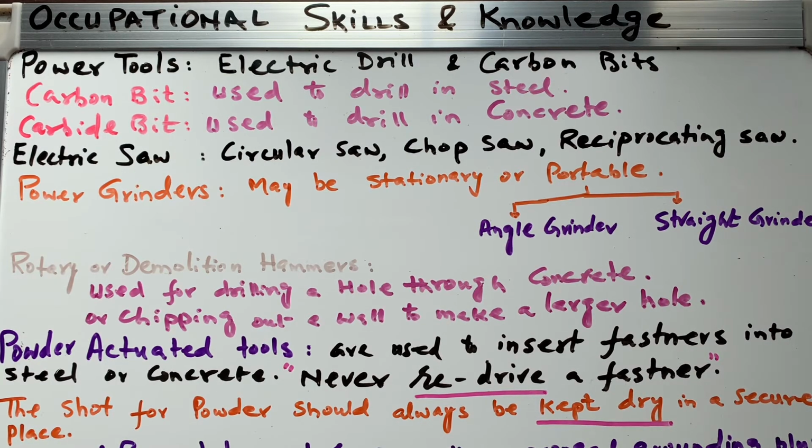Then the next one is powder actuated tools, which are used to insert fasteners into steel or concrete. This might be in the exam: powder actuated tools are used to insert fasteners into steel or concrete, both, right? And one precaution is always said for these powder actuated tools: never redrive a fastener.